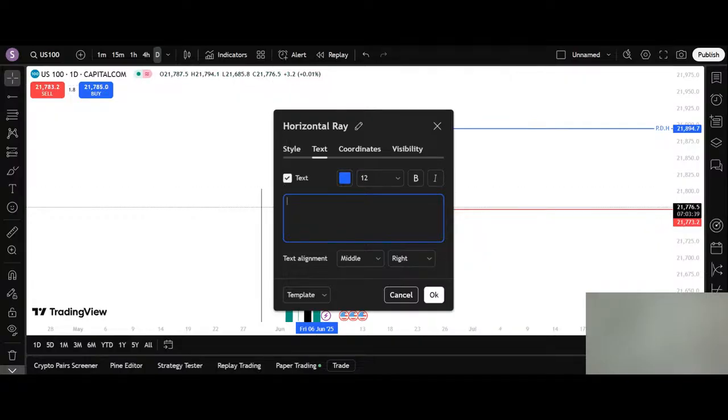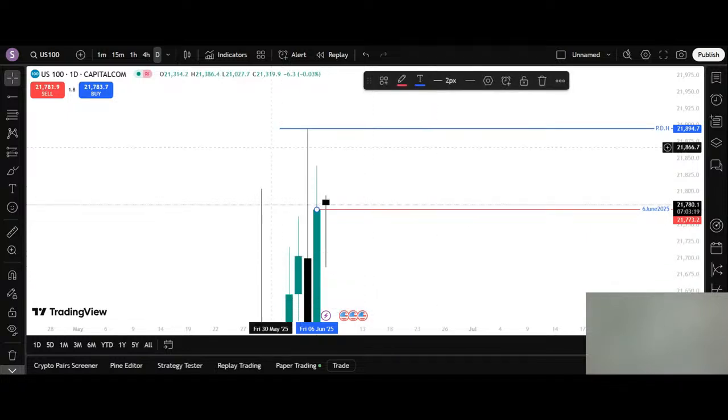Oh, my mistake. I'll put this is the closing candle of Friday, 6 June. I'm gonna mark it. This is the opening candle of Monday, but basically it opens on Sunday.